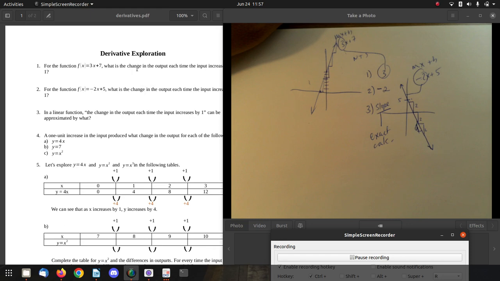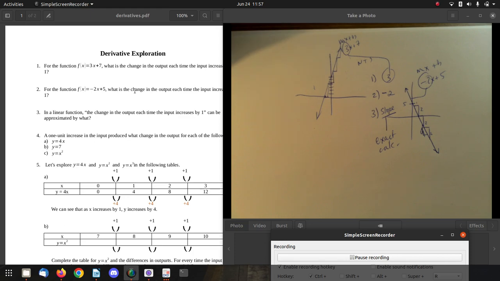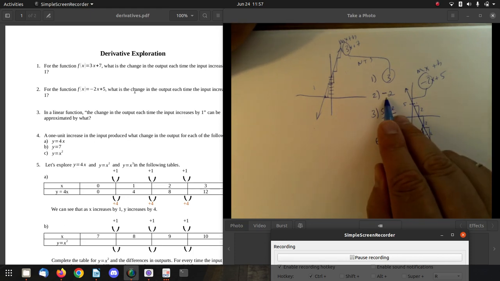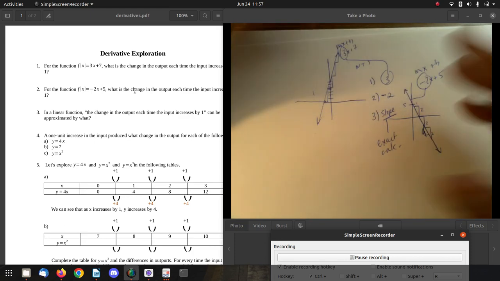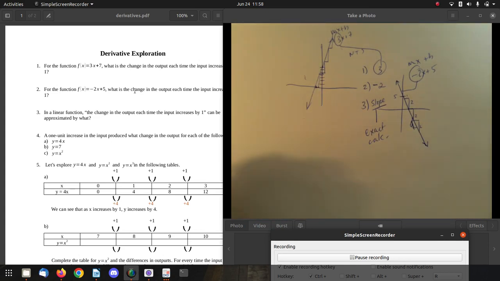You could say it has 2 units of change, and you could get away with writing a positive. Or, because change is ambiguous, it can mean non-directional change, or it can mean directional change. So if you put negative 2 or if you put 2, either is correct, because they used the term change and they didn't use decrease.